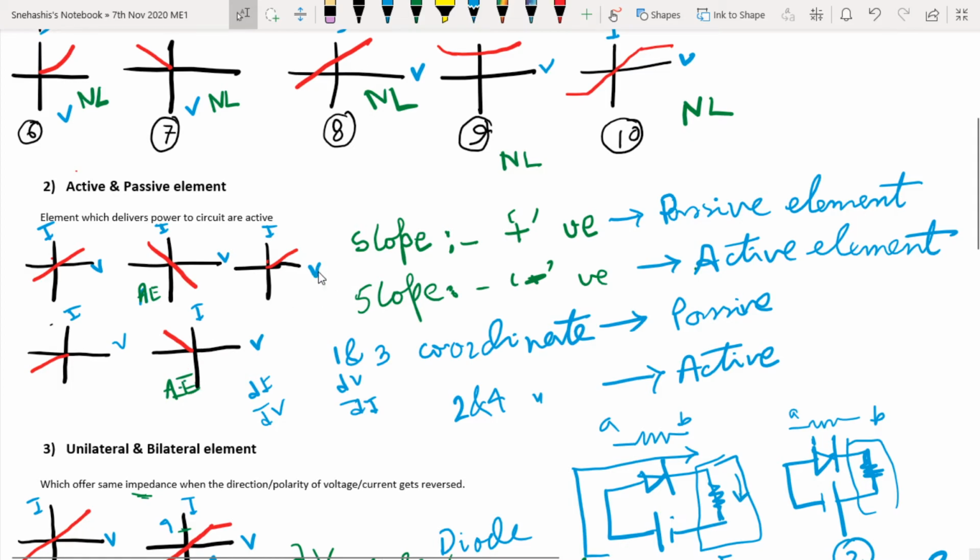Where the slope is positive, they are passive elements and they cover the first and third quadrants. So it is a passive element, it is also a passive element, it is also a passive element.